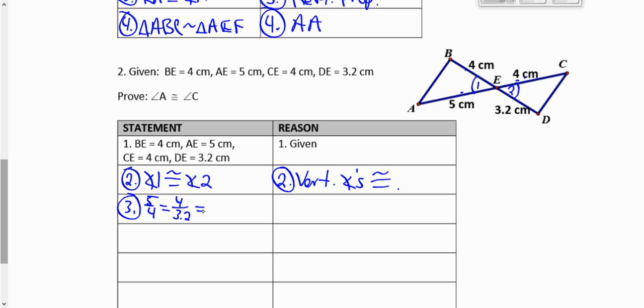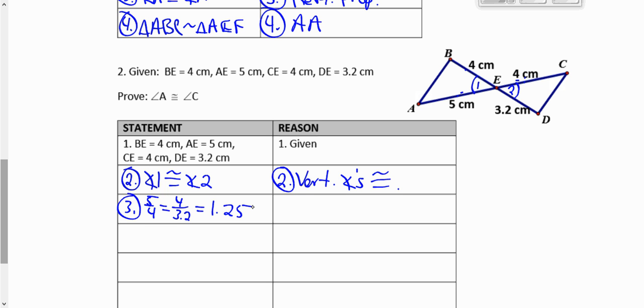Okay? I'm just gonna do this. 1.25, right? So what do you think we should say? Did we show those two ratios are equal? And if those two ratios are equal, and we've just shown it right there, then what do we have? Dilation by scale factor 1.5. Okay, true.